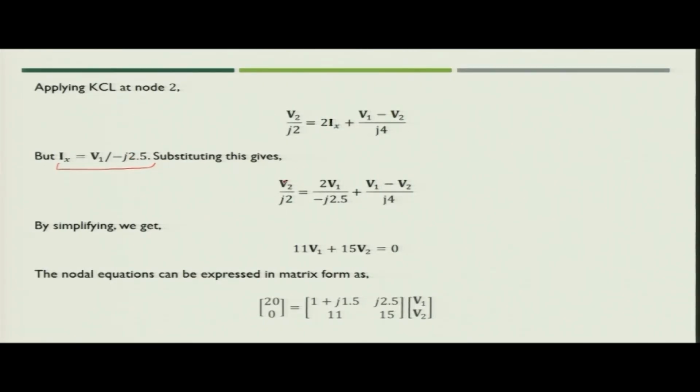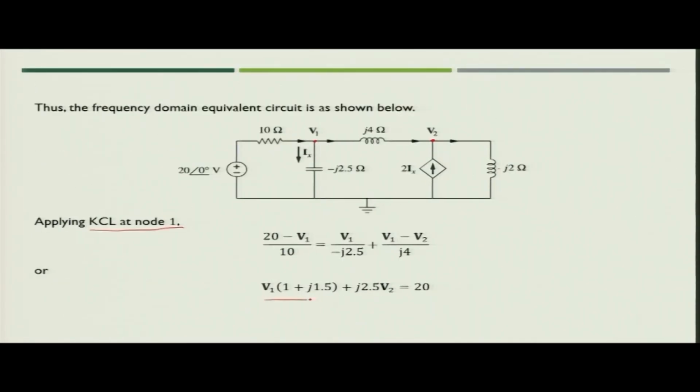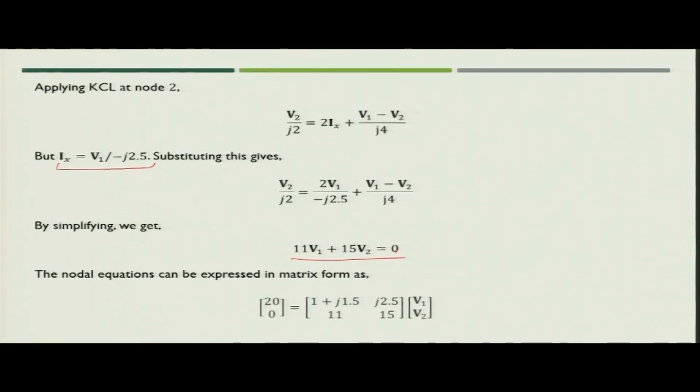So, we can write V 2 upon j 2 equal to 2, in place of I x we write V 1 upon minus j 2.5, plus V 1 minus V 2 upon j 4. So, when you simplify it, you get the equation as 11 V 1 plus 15 V 2 equal to 0. So, the first equation from node 1 you get this one, and second you get this one.